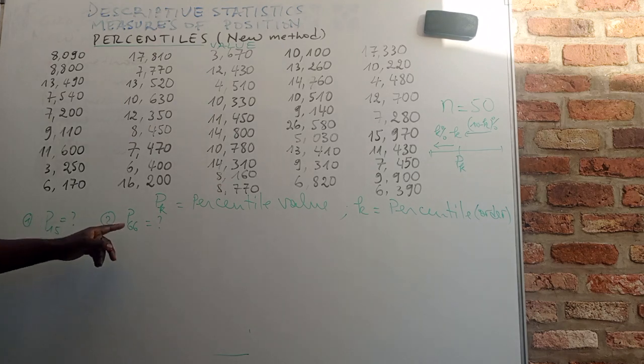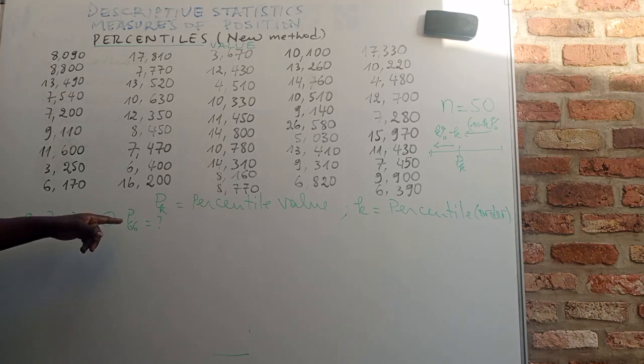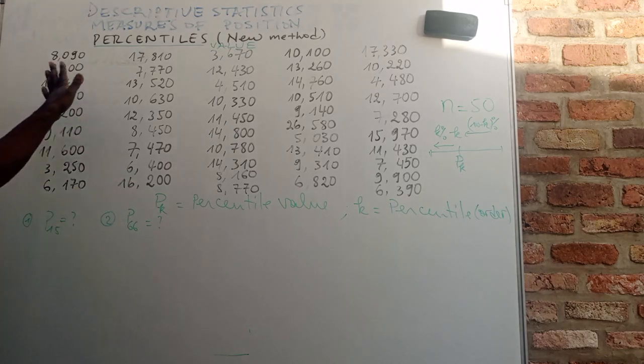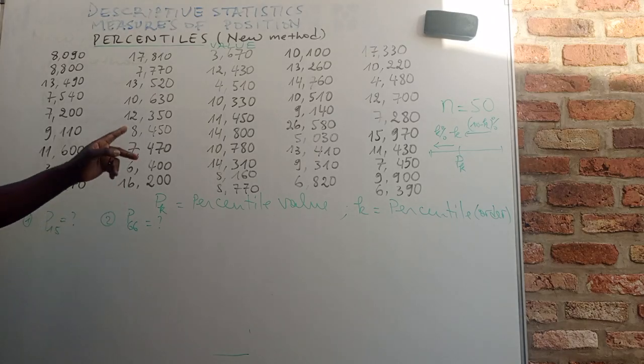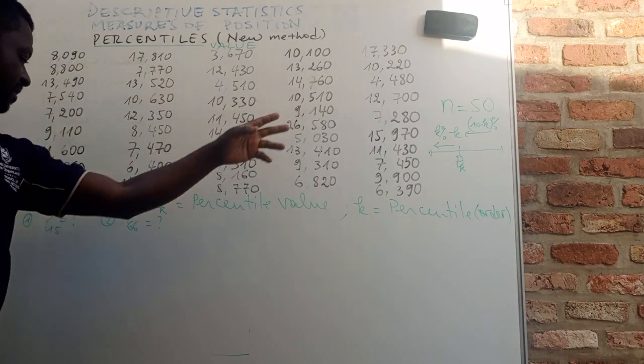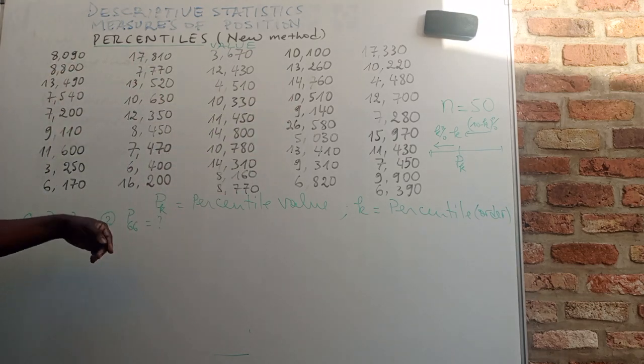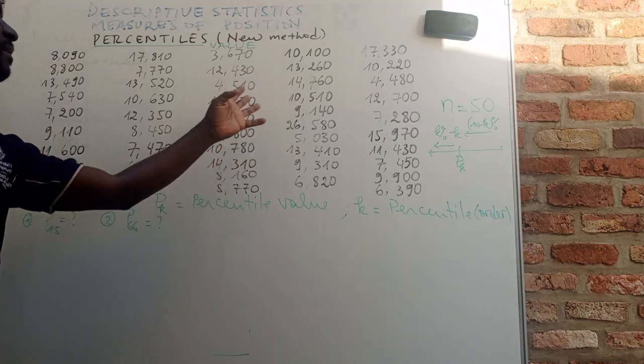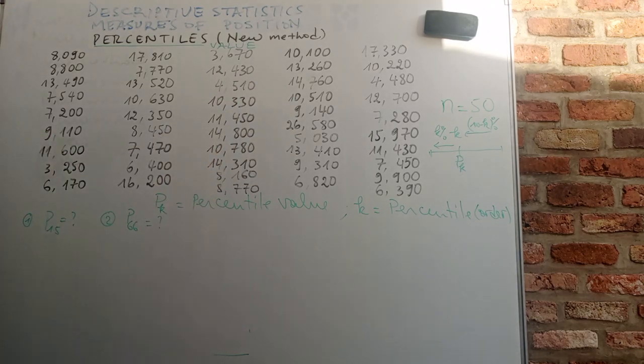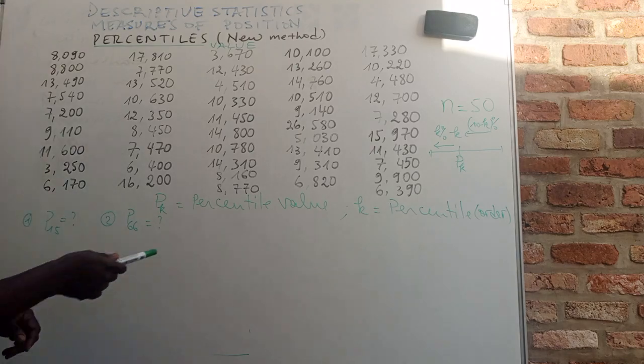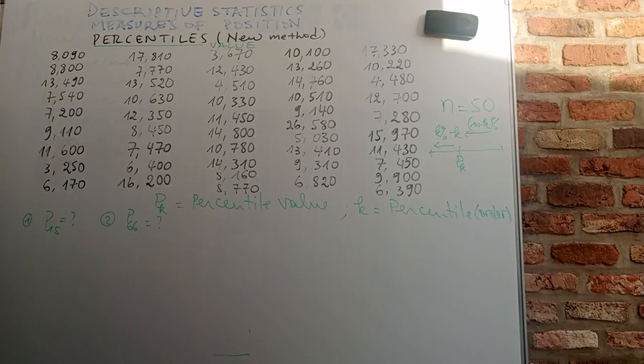In the second case, 66% are below it, and 100 minus 66, that is 34, are above it. Those are the percentile values we are going to calculate in this video using our new method.